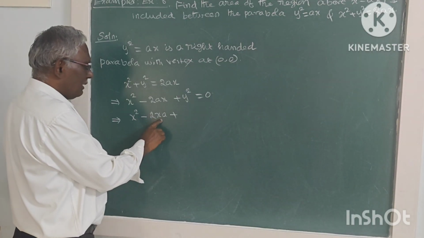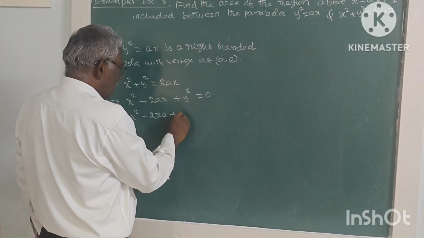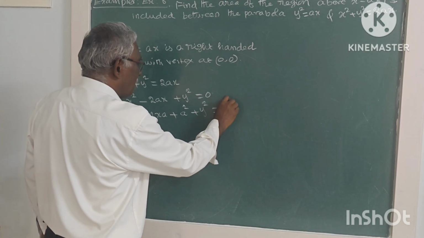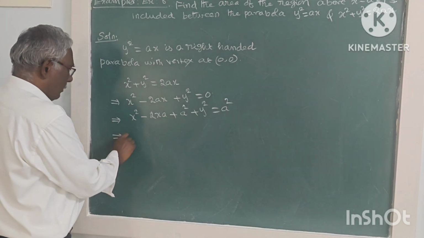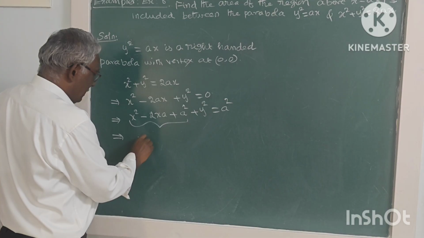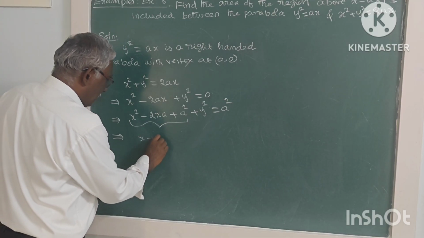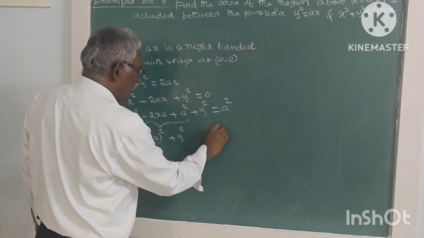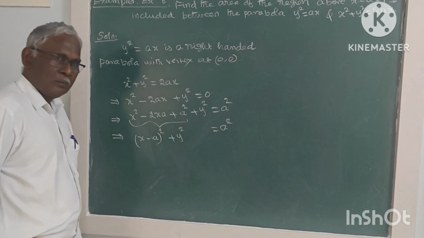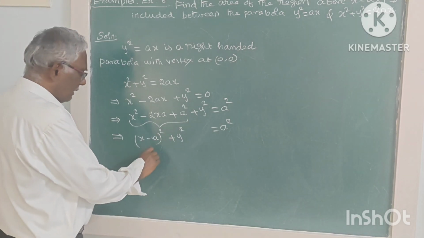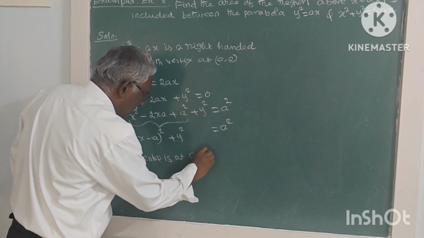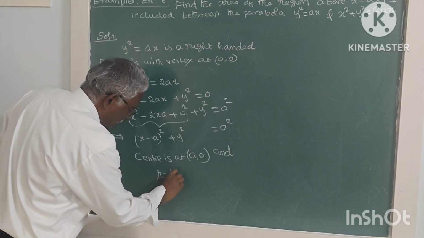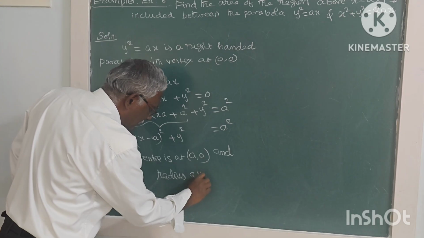X square minus 2x a plus a square plus y square is equal to a square. So for this portion we can write x minus a whole square plus y square is equal to a square. So center of the circle is at a comma 0 and radius again a units.